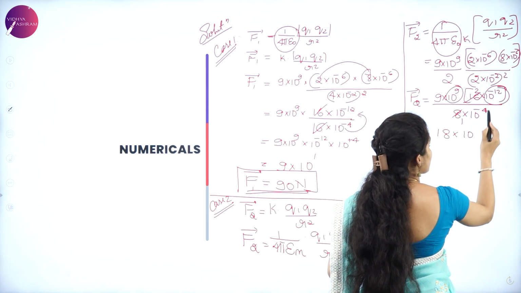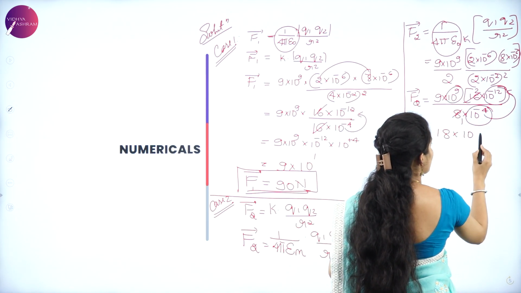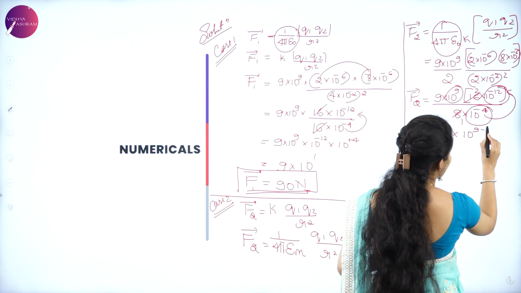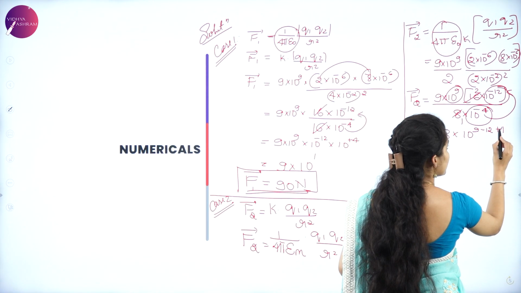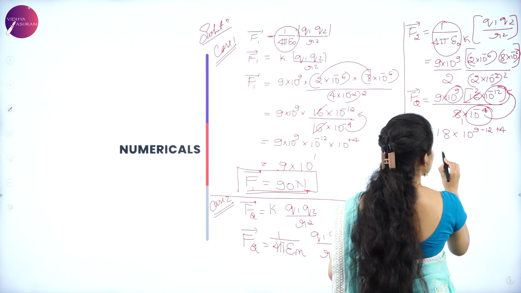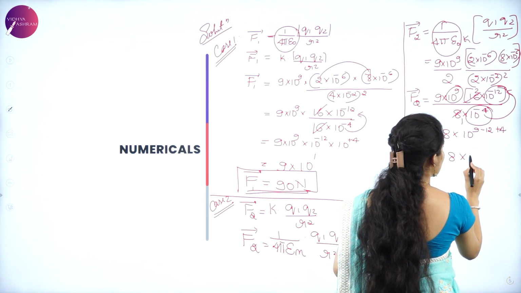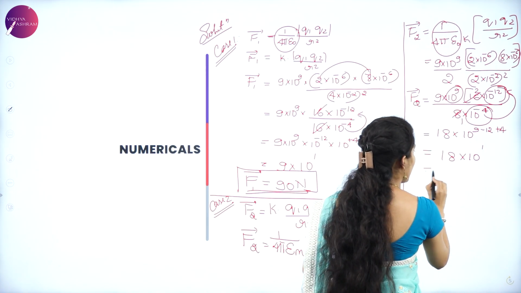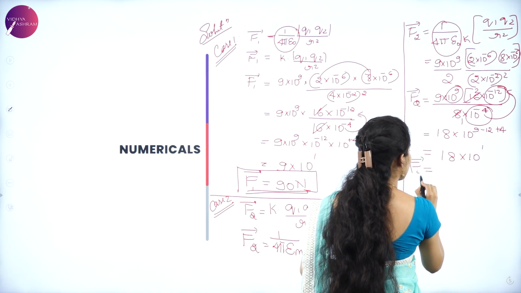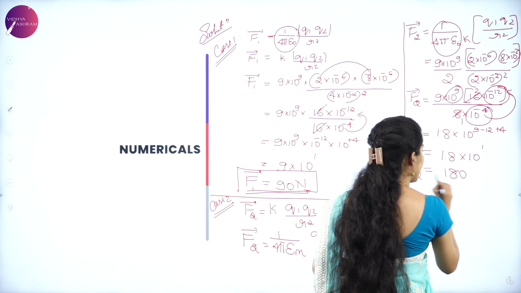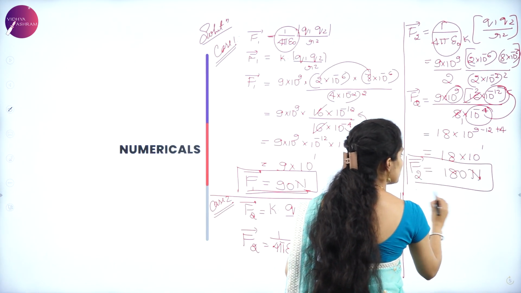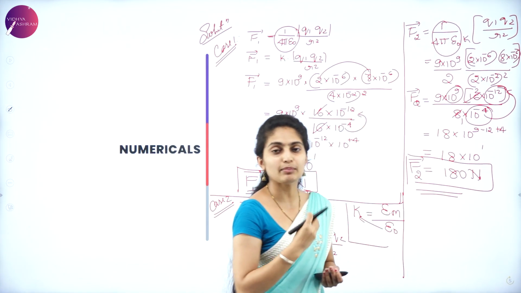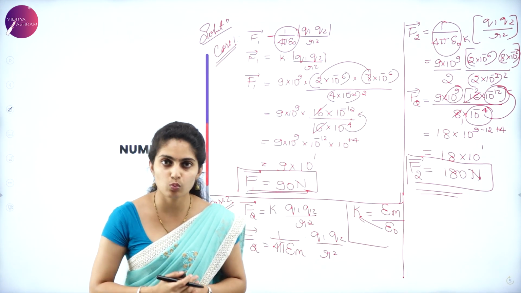So it becomes 10 raised to 9 minus 12, and since this goes to the numerator, it is plus 4, which becomes 18 into 10 to the power of 1, and you have your force given as 180 Newton. You have to remember, students, the SI unit is very important, which carries 1 mark.